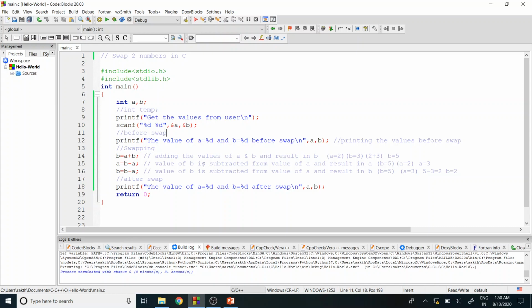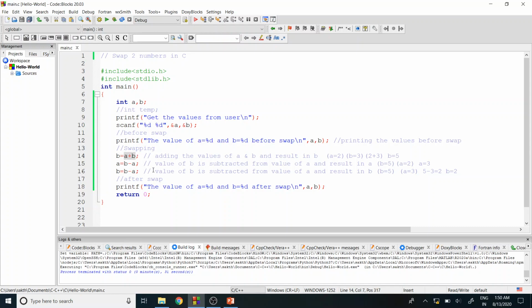In my first swapping part, I declared a third variable temp and did the swapping with the help of temp. In the last lecture, I gave explanations with the help of the plus and minus operators. They are binary operators, performing operations on two operands.